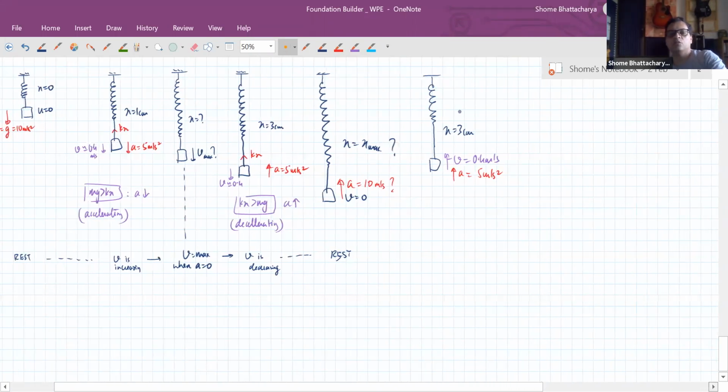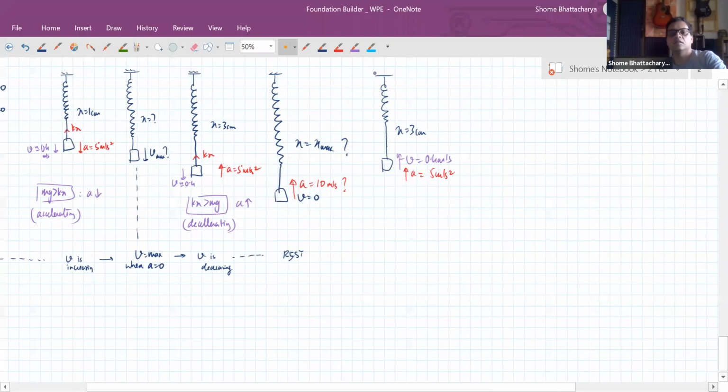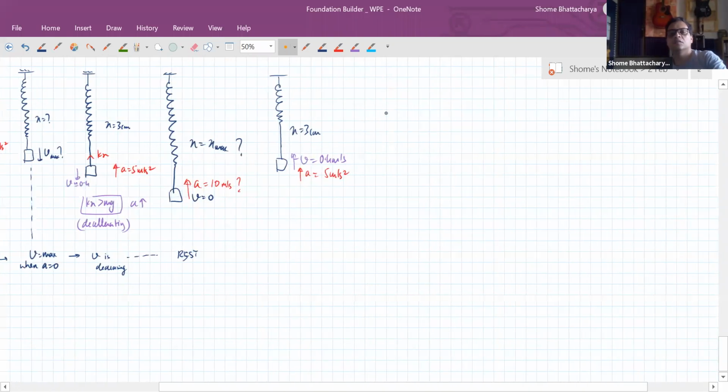Okay. So it's a full oscillation cycle. It will reach some position here where I want to calculate x, but speed will be maximum. So at this stage its acceleration will be 0.